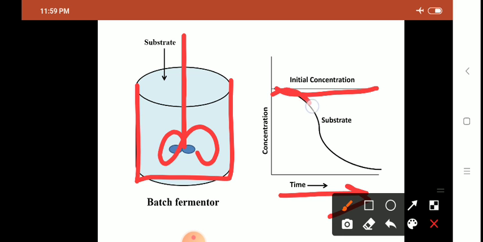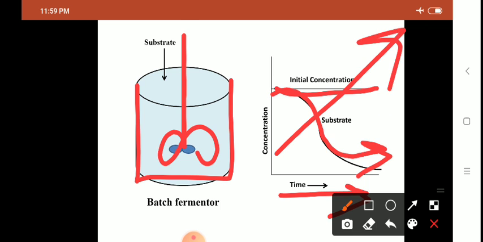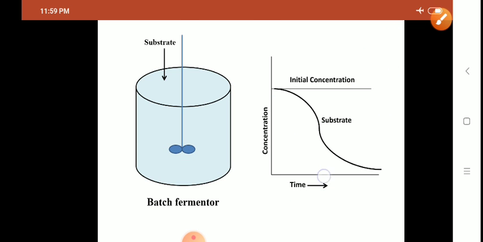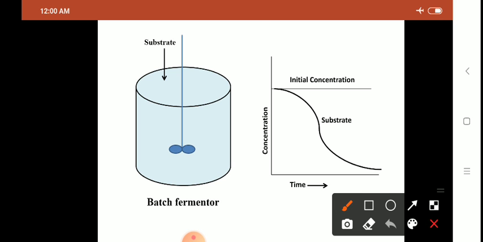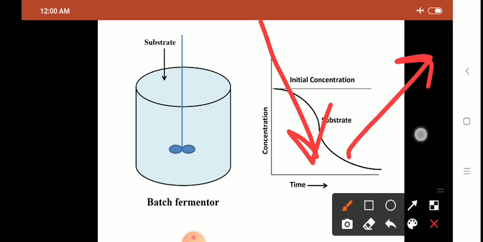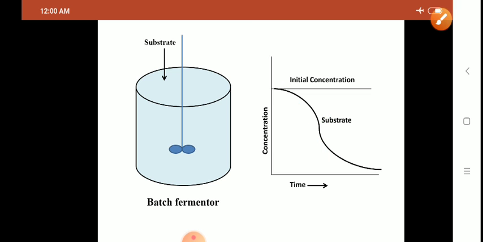The raw material will be utilized and will reduce. The quantity of substrate will go on reducing and the quantity of product will go on increasing. So the concentration of substrate decreases with time and the concentration of product rises with time.